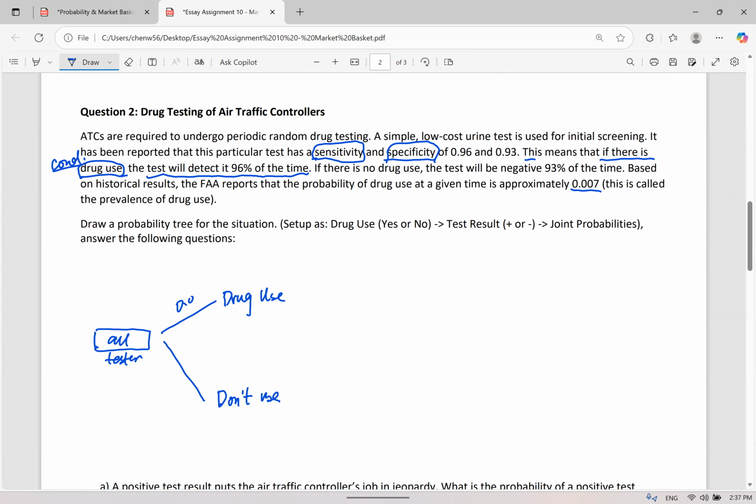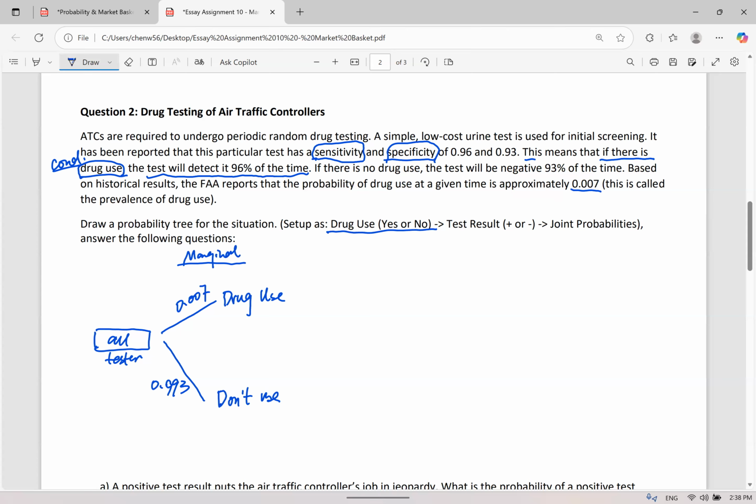Perfect. Then what is the probability of not using the drug? 0.993. Perfect, because that's just the opposite; the total is 1. Got it? All right, so then continue. These two probabilities are marginal probabilities. We only care about whether they use the drug or not. I don't care about their test result. So actually we're done with this step.